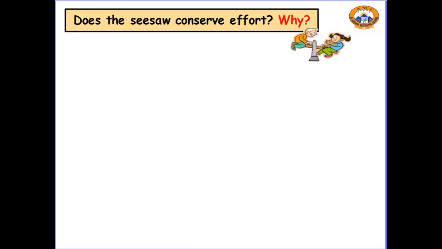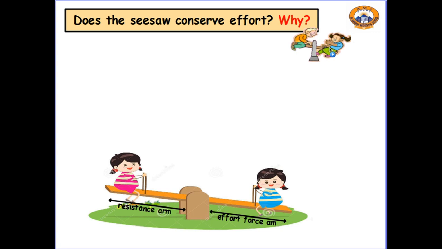Now, can you answer this question? Does the seesaw conserve effort? Let's have a look. To determine if a lever saves effort or not, you have to see the length of the arms. In the seesaw, the fulcrum is exactly in the middle between the effort force and the resistance. And according to the law of levers, if the arms are equal, the forces are equal too.